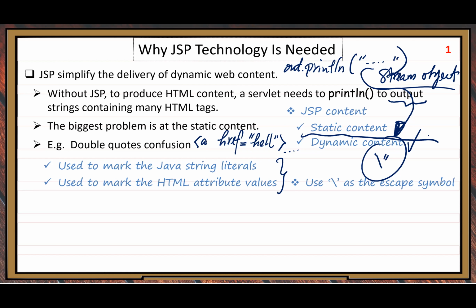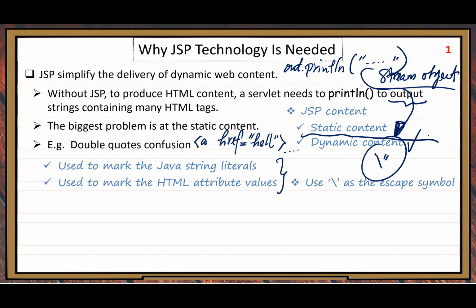Static content, there is no Java coding for it. Java programmers should do nothing, but you do a lot of backslash, tedious and error-prone work, right? Especially Java programmers do not like it.